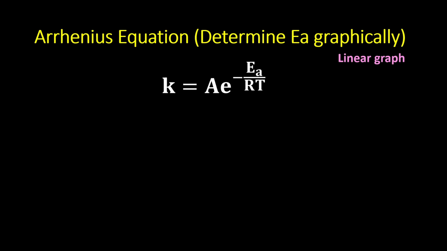The only way is to modify the Arrhenius equation to get a linear equation. To get a linear equation, we can log both sides of the Arrhenius equation.